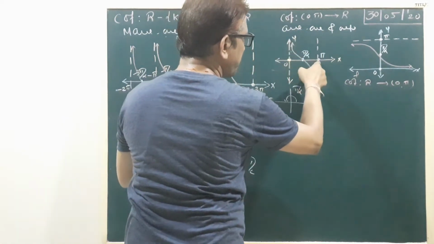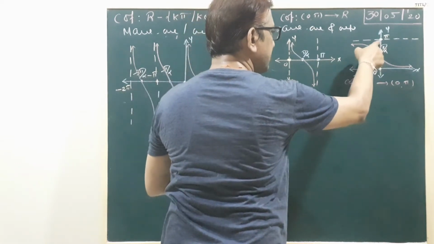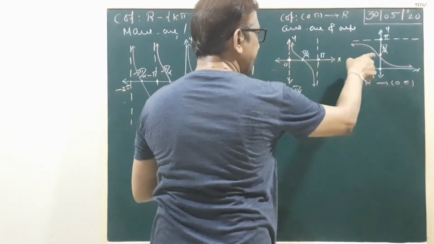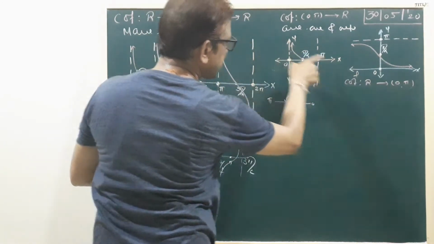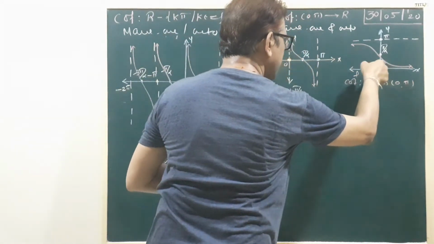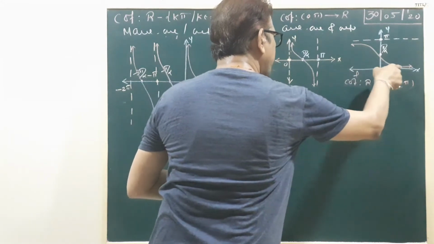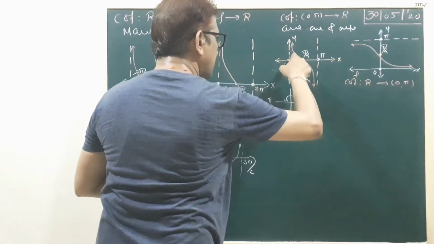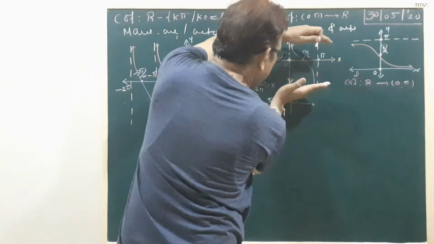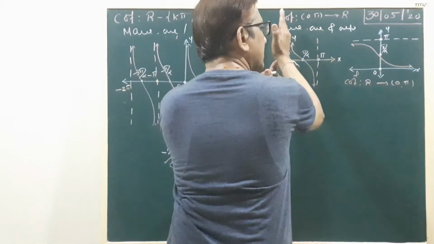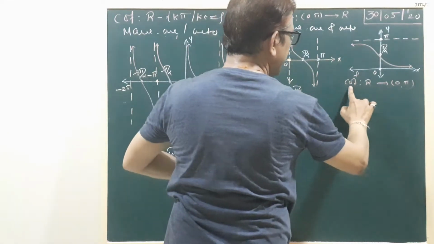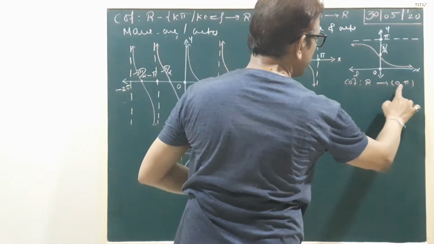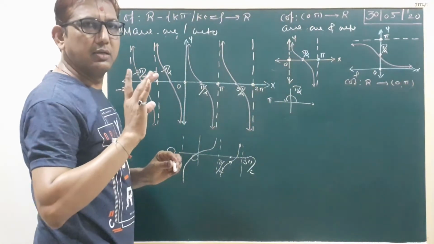So at this point pi is on the y-axis, pi by 2 on the y-axis. Here we start the graph on the y-axis, and now we start the graph on the x-axis. This portion rotates. Clear? So cot inverse is a function from R to 0 to pi. Okay.